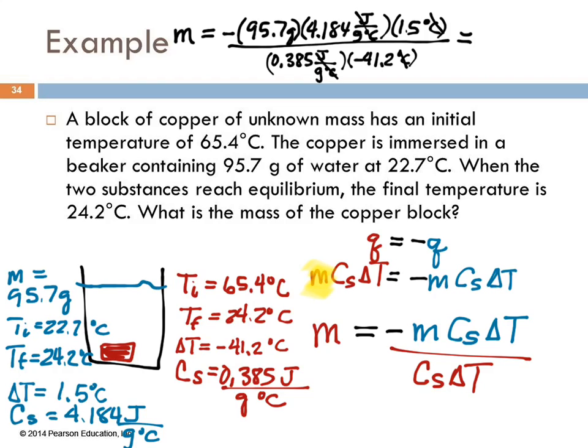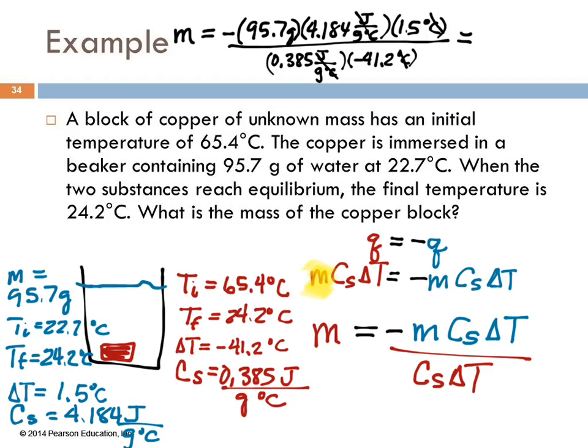So we have negative 95.7 times 4.184 times 1.5 divided by 0.385 divided by negative 41.2. And that comes out to be a positive number. If you get a negative number for your mass, you were messy with your signs.